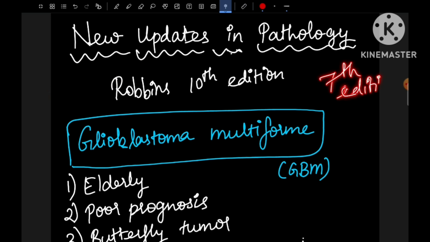But for the updates, you should be thorough with them. The major points, important paragraphs, and important tabular columns will be the same. But the updates will be important, though less in number.